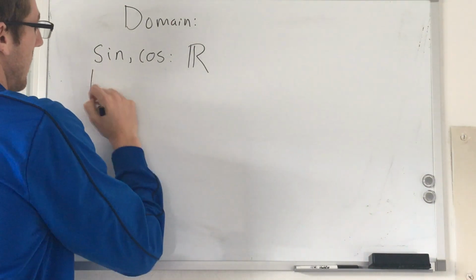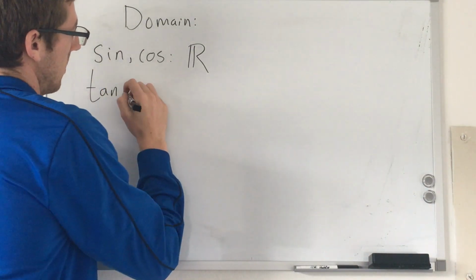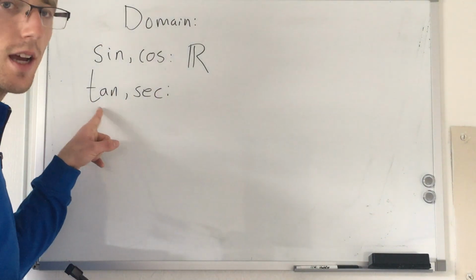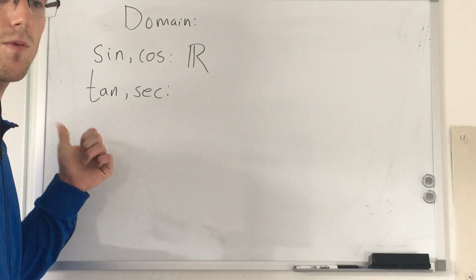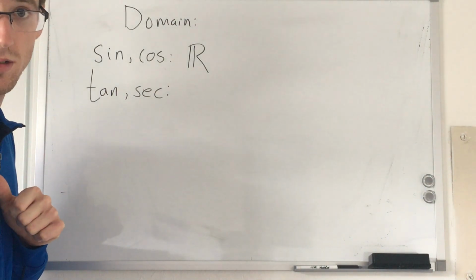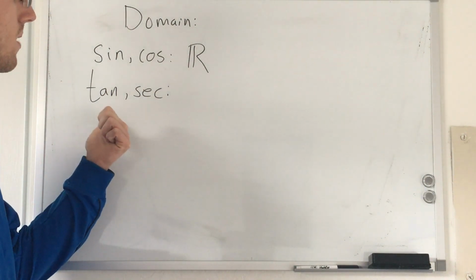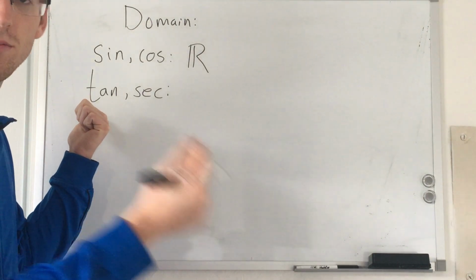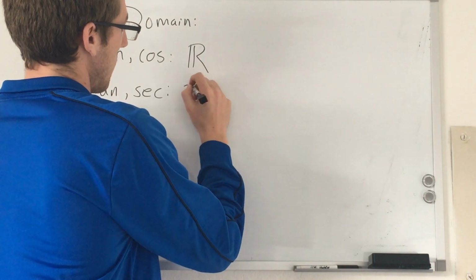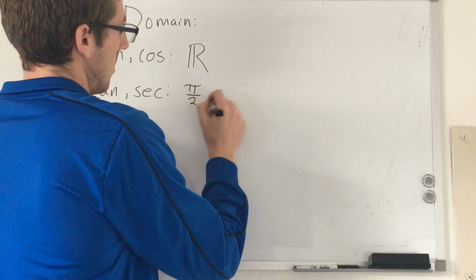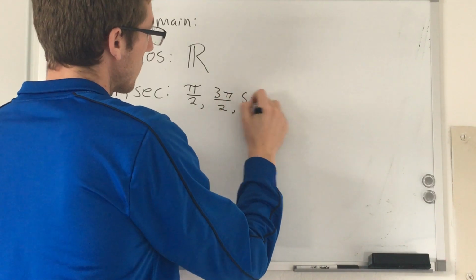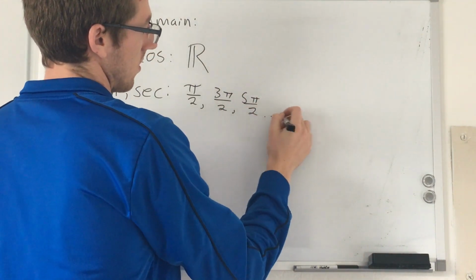But if you have tangent and secant, well, let's think about this. Tangent is sine over cosine, which means we have a fraction, so we can't divide by 0. Since cosine's on the bottom, we need to think, where is cosine 0? Well, cosine is 0 at pi over 2, at 3 pi over 2, at 5 pi over 2, and so on.